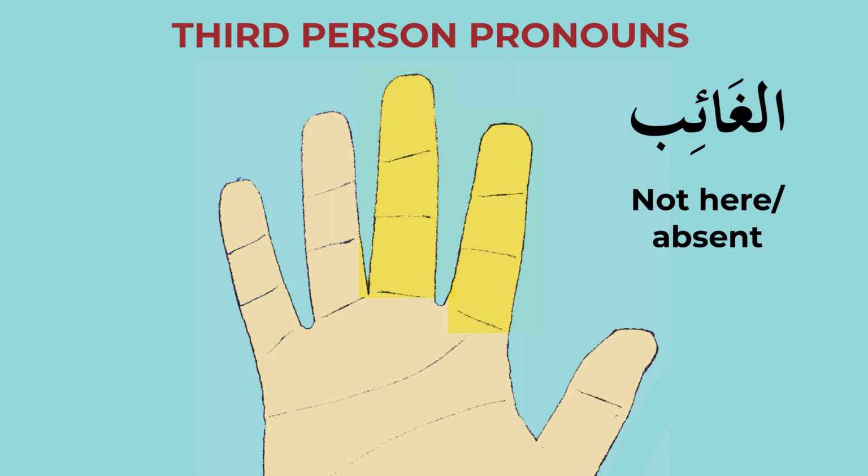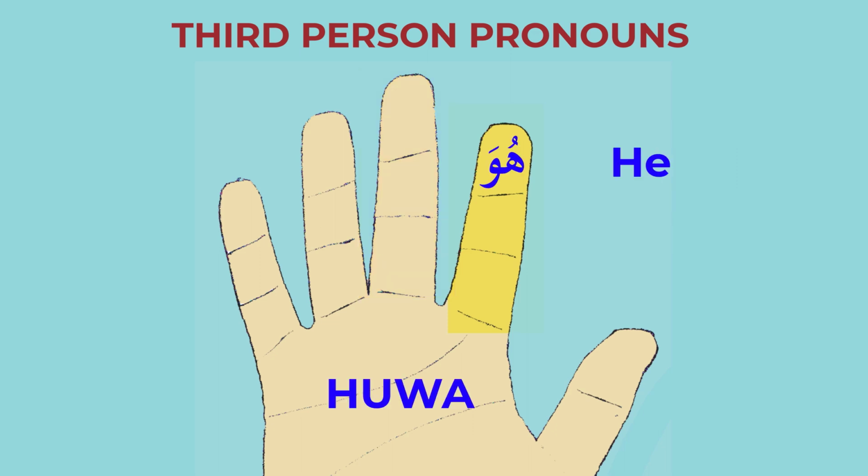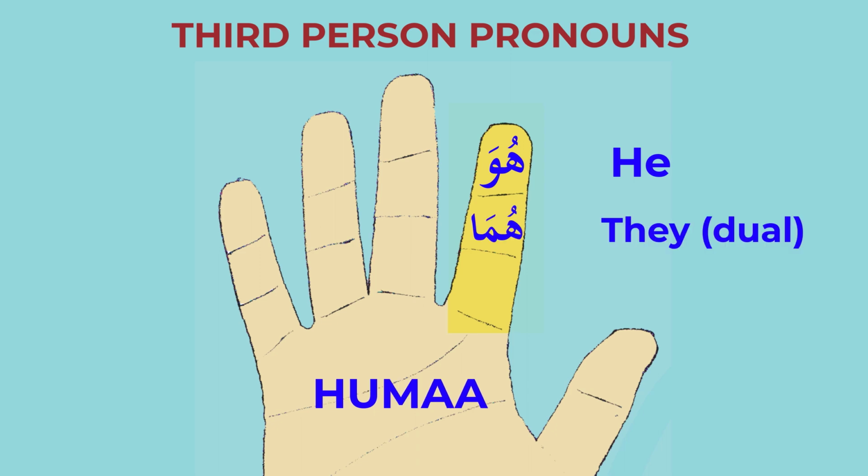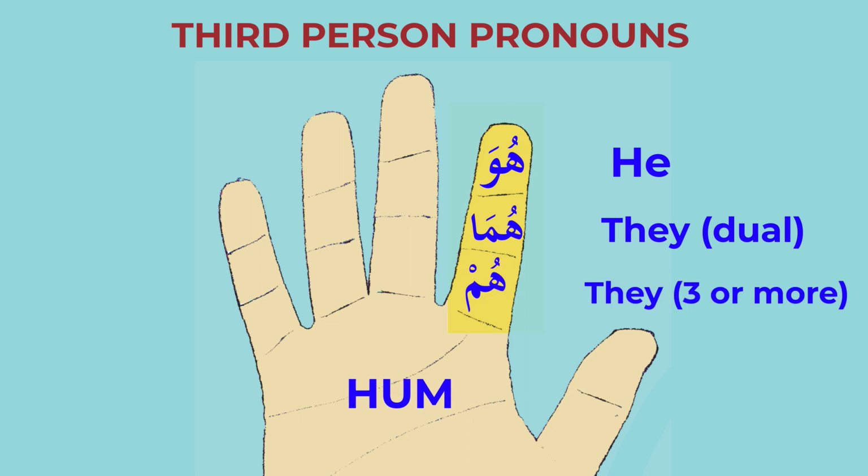We start with singular. What is the singular, brothers and sisters? Huwa. What is next one? Dual. Huma. And what is plural? Hum. So he, they two, and then they. Now this is, as you know, masculine.